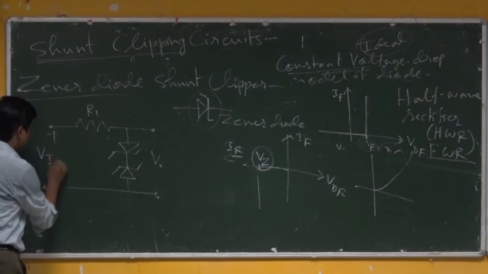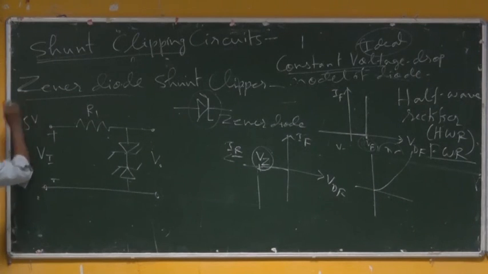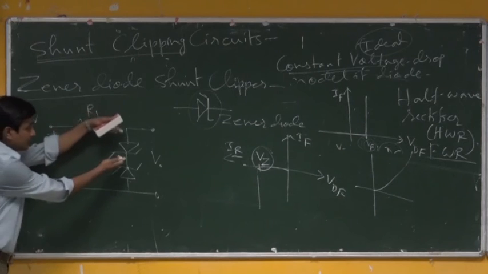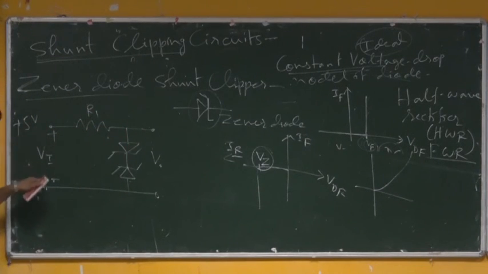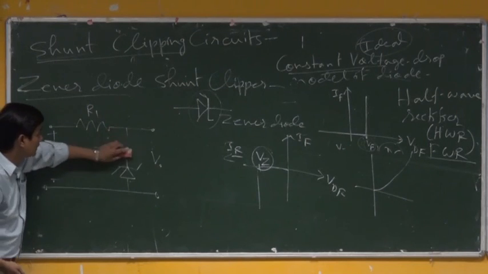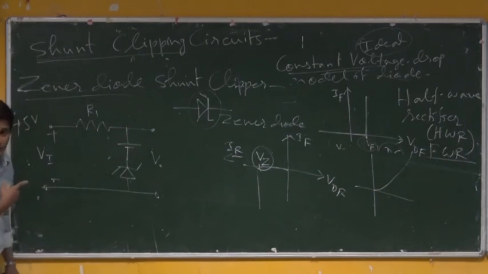Say some positive voltage is applied at the input, say plus 5 volt. What happens to the circuitry? This diode is forward biased, because it is positive here and negative there. So, what voltage will I get?